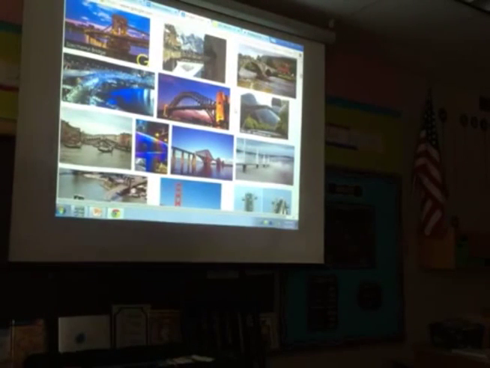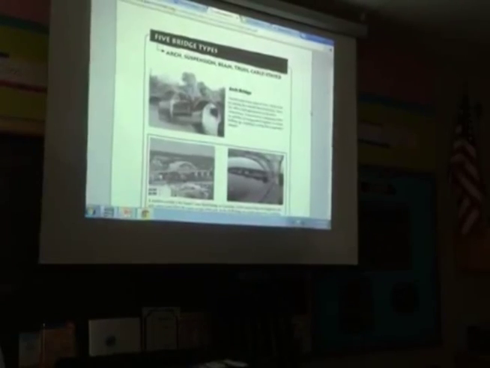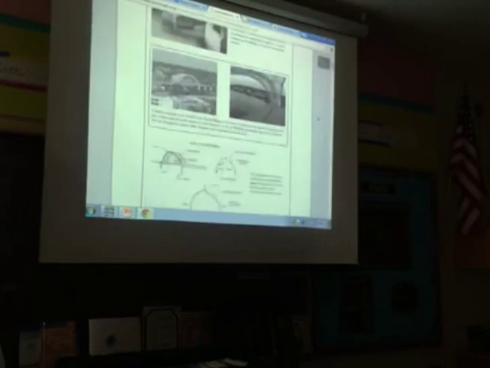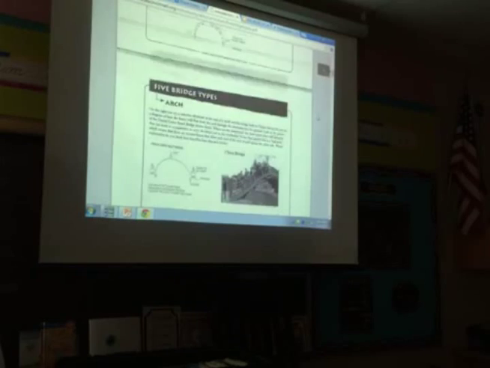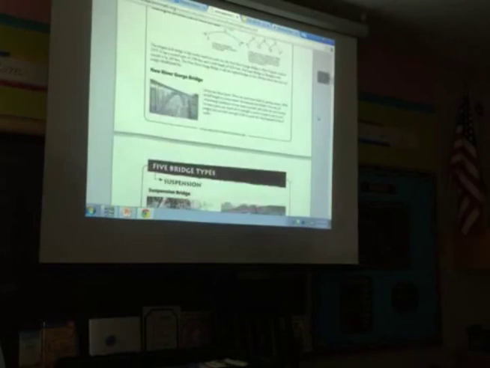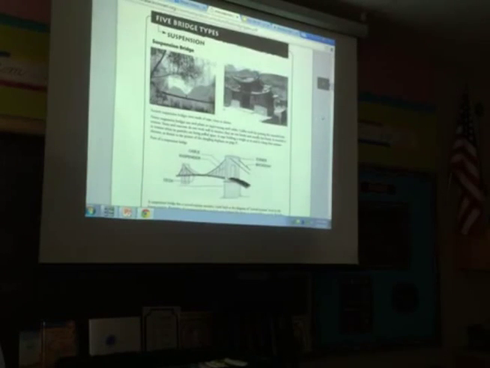We're doing our research. We're doing research for our prototype. The arch bridge is pretty simple. There's another one that tells how the forces are. And the arch is just kind of like an arch, like you might see at McDonald's. Next, this is a suspension bridge. The road is held up by cables.